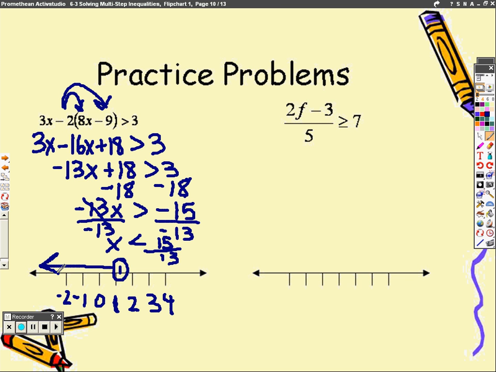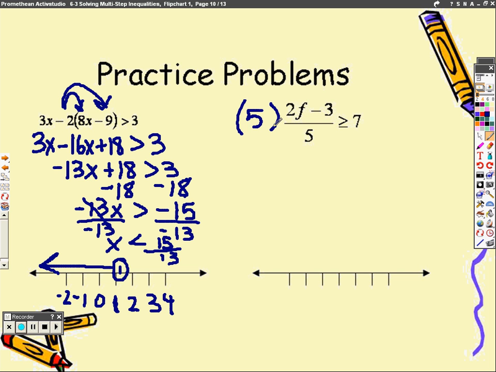All right, our last example has a fraction in it. It's 2f minus 3 divided by 5 is greater than or equal to 7. First thing I need to do in this before I can get to my variable is undo the fraction. To undo division, we're going to multiply by the denominator.